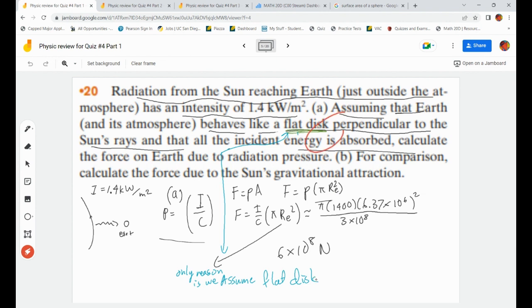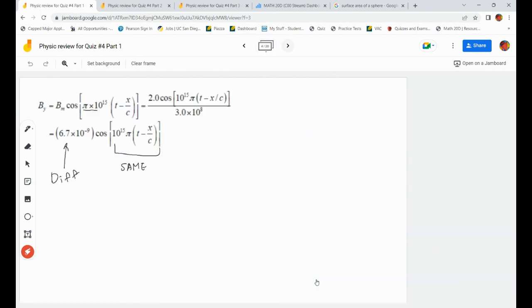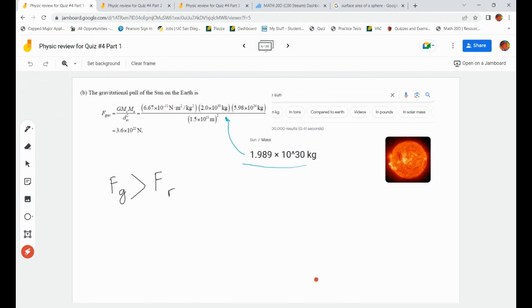If this wasn't a disk, it would be 4 pi r squared, and it would be divided by 2 because only one half would be showing, and it's absorption because it doesn't reflect back, technically speaking, it gets absorbed. And that's why this equation works. I hope this equation never shows up on the test, but whatever.